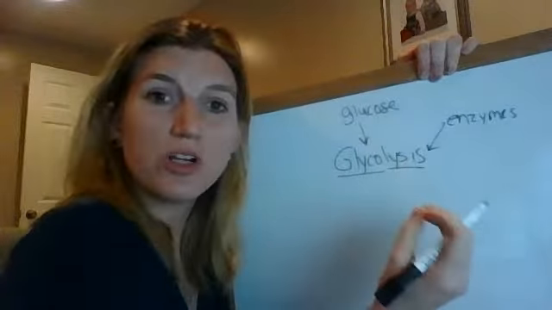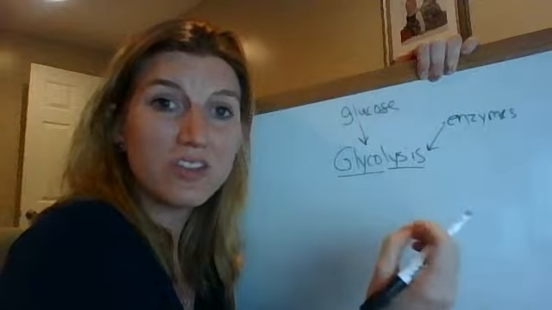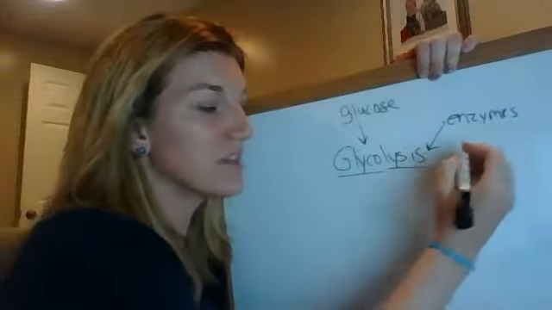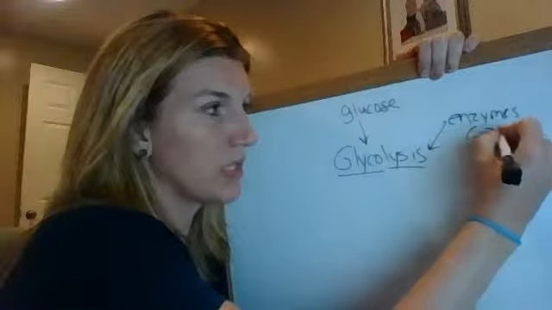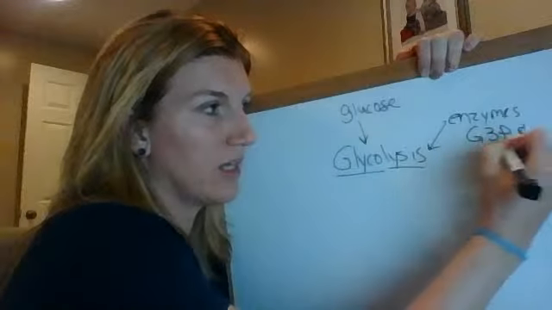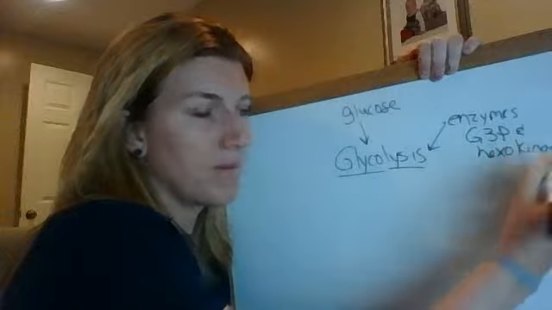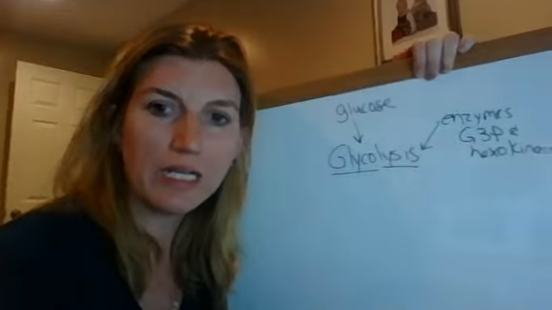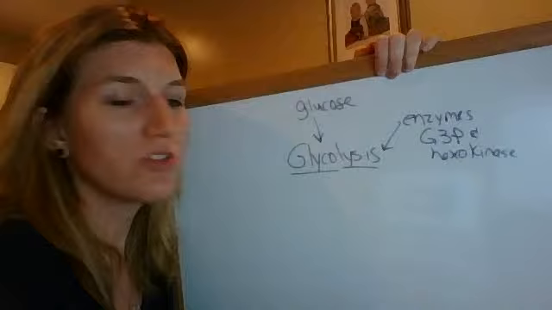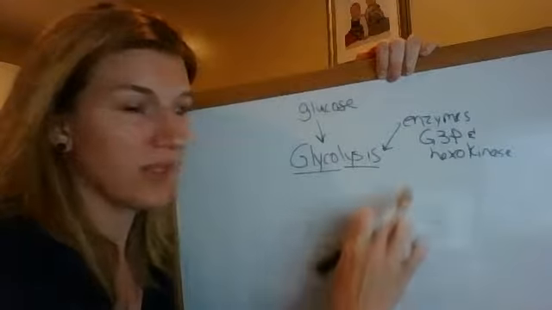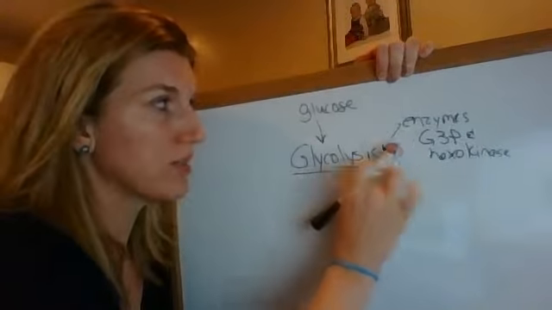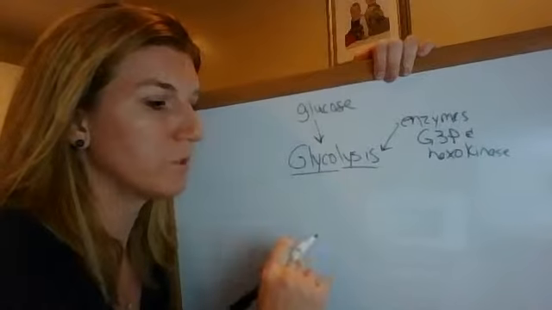These enzymes are actually floating around in the cytosol of the cell. Enzymes like G3P and hexokinase. These are important glycolytic enzymes that are floating in the cytosol.